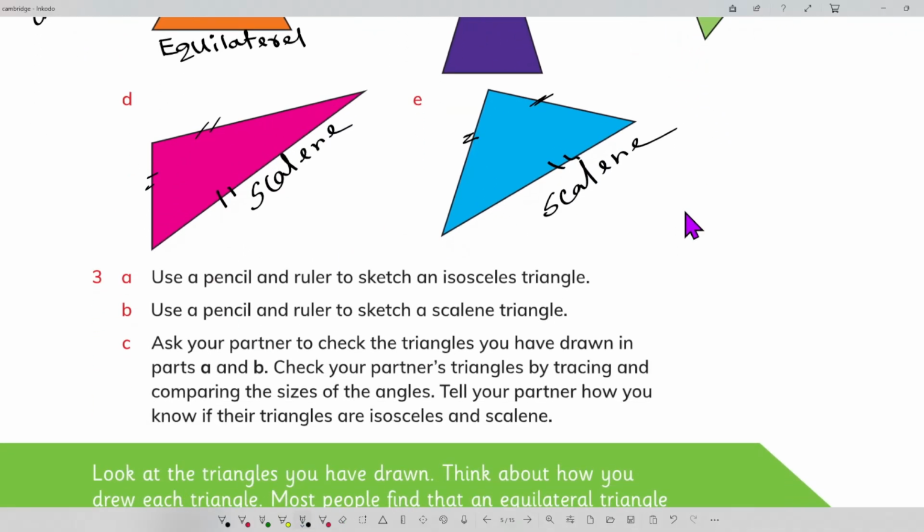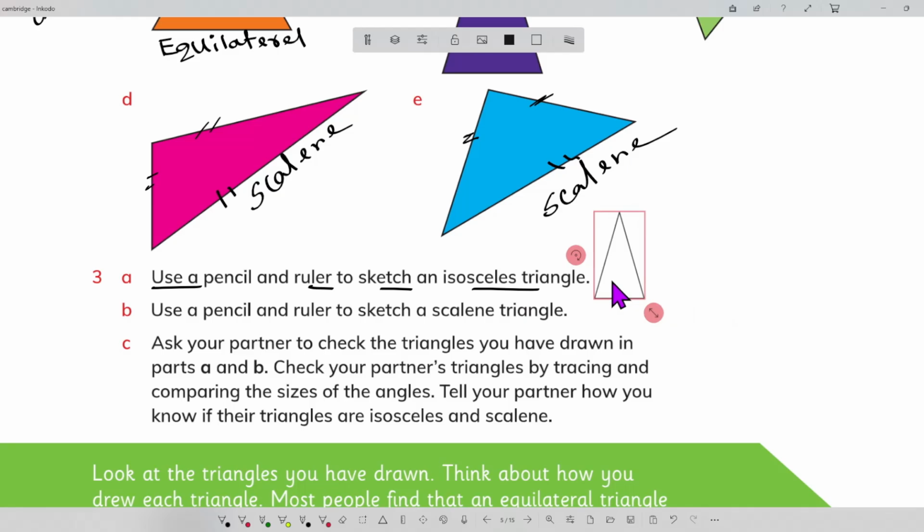Number 3, use a pencil and ruler to sketch an isosceles triangle. So an isosceles triangle where two sides are equal, so you can draw this one with a pencil. So I can draw this one this way. This is number A. Number A done.